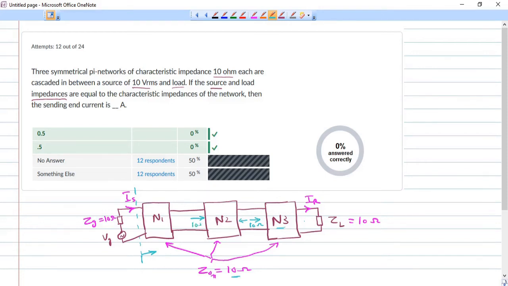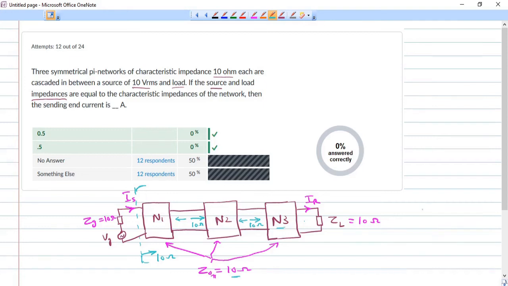So this should also be equal to 10 ohm, which will be reflected to the second port of the N1 network. So when we look at this network from the source end, the entire network towards the right will have an impedance of 10 ohm. So what the source sees from here is a total impedance of 10 ohm.